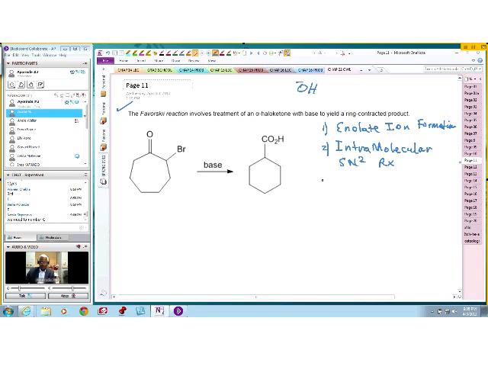Then 3, we are going to get something similar to nucleophilic acyl substitution.